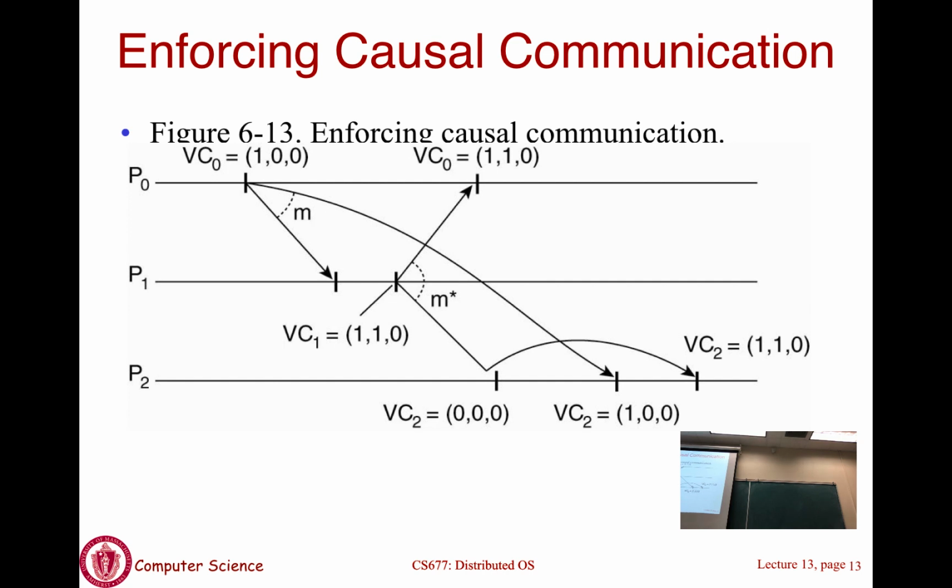Because you are multicasting every message and ticking the clock on every send, if you receive messages out of order, you can just look at the clock values. This is the first message from 1 that has come, but 1 seems to have received a message from 0 already, which is why its clock got incremented. I have yet to receive that message, so I'll hold off on delivering this message and wait for that message, which may have taken longer to arrive, to arrive first, then take delivery of this message.